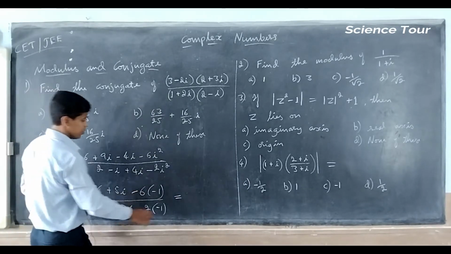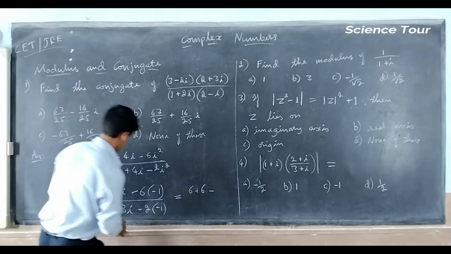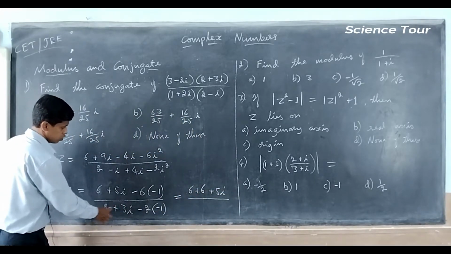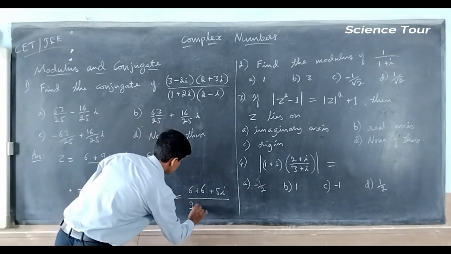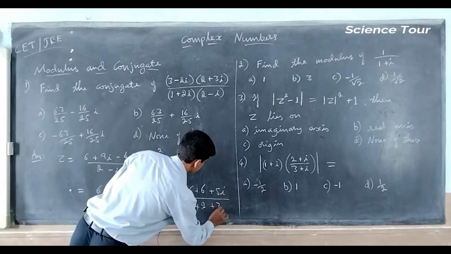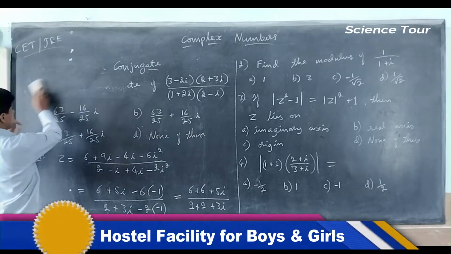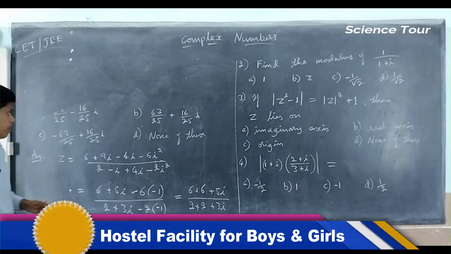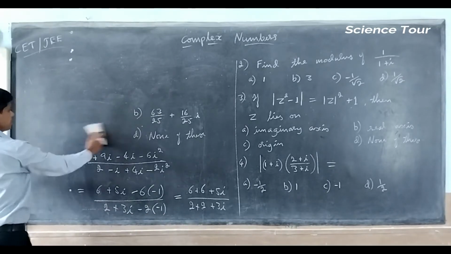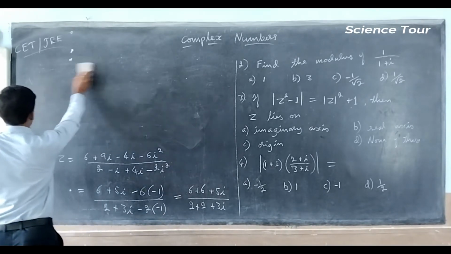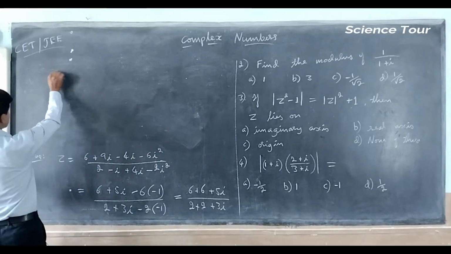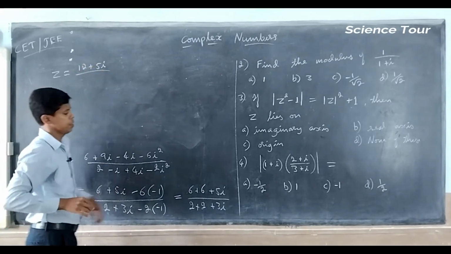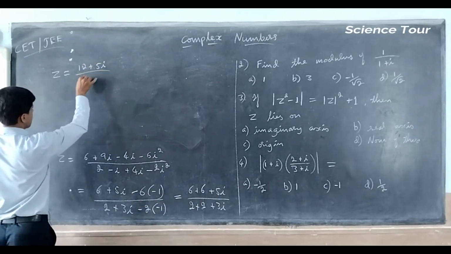So this is 6 plus 6 and then plus 5i divided by 2 plus 2 here, and then plus 3i. Well, now this is still z, so that is 12 plus 5i divided by 4 plus 3i.